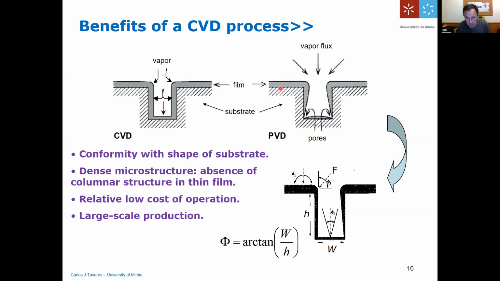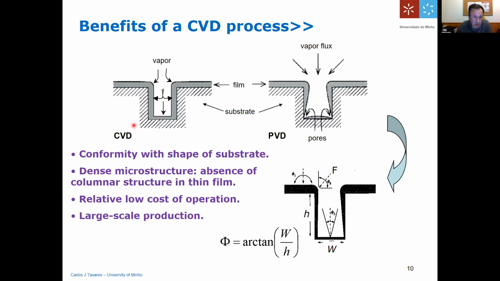It means that, for example, if this gray layer is the coating, and you want to coat a substrate which has some pores or protrusions or dimples, like what you see here, then sputtering is not the best choice, or thermal evaporation, because it will not give a uniform thickness throughout the whole structure of your substrate. Okay, so it's not conformal. You will not have a very good conformity with the shape of your substrate.